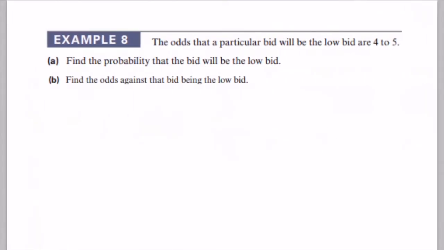Example 8. The odds that a particular bid will be the low bid are 4 to 5. Find the probability that the bid will be the low bid. Recall the previous theorem.